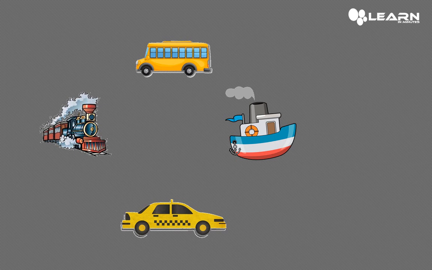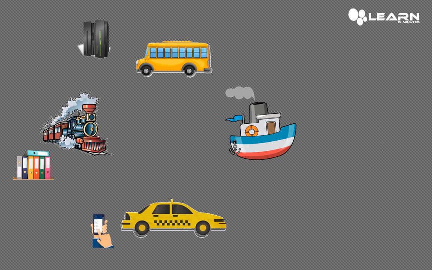The employee details for those traveling by bus are maintained in a mainframe computer, whereas for trains they use separate files where written documents are stored. For cabs they could be using some mobile application.